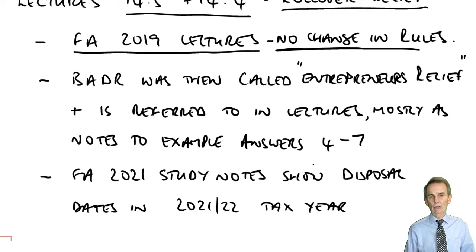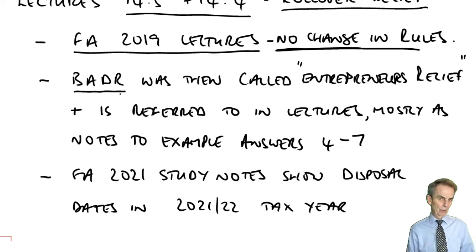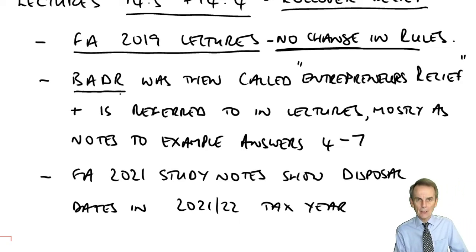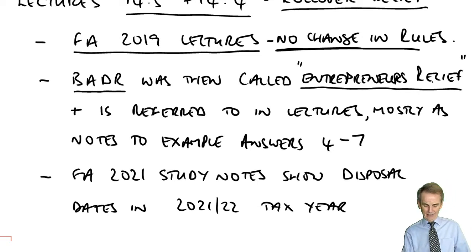In our first two lectures, we looked at business asset disposal relief. But back in Finance Act 19, that was the last year in which the relief that we now know as business asset disposal relief was referred to as entrepreneurs' relief.